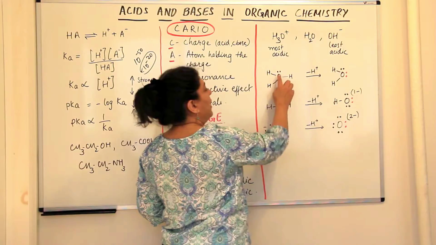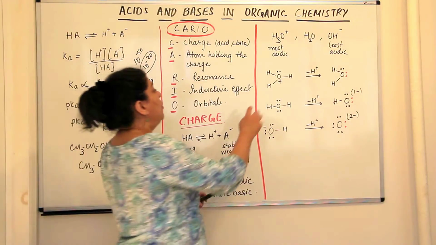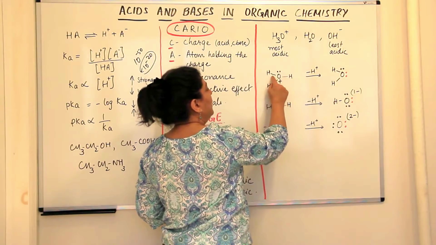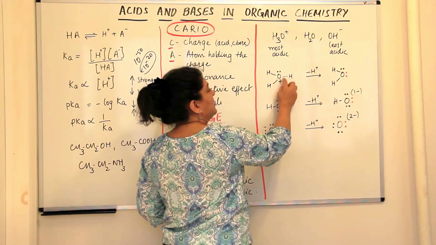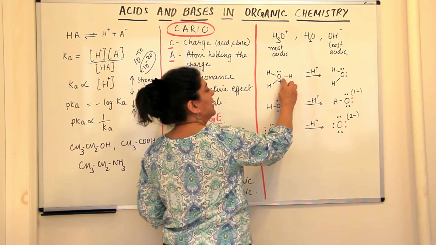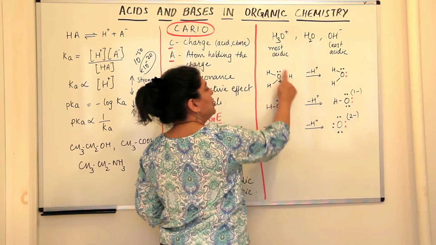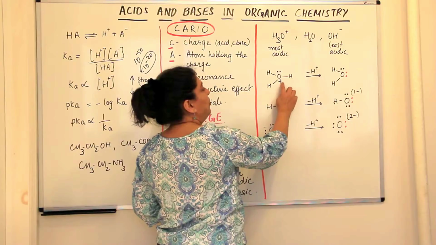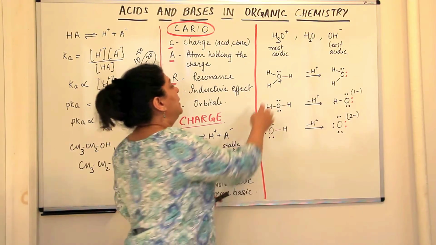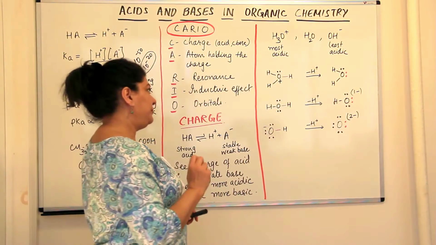Every oxygen has 6 electrons, one lone pair, 2, 3, 4, 5 and 6. It means oxygen is using both its electrons here to form the bond with H positive. Therefore, since oxygen is using both its electrons, the positive charge and the electrons are moving towards hydrogen, and the positive charge comes and concentrates on the oxygen.